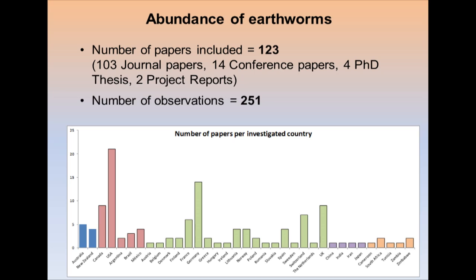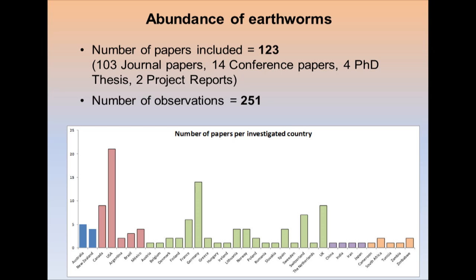Okay, so here you can see when you look at the abundance of earthworms that we had about 120 sources, mostly journal articles and proceedings. Many of them have included more than one treatment. So let's say they would have minimum tillage and also reduced tillage and so on.